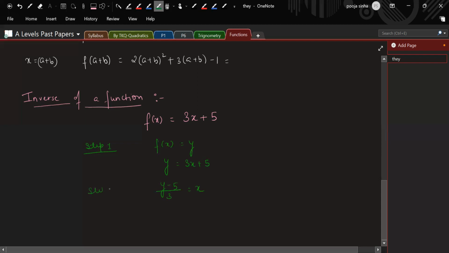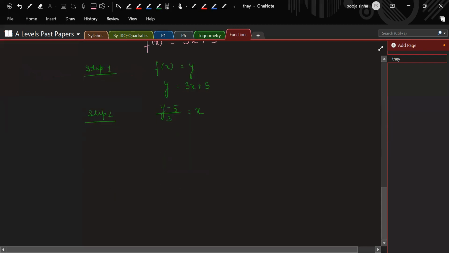Then we swap the values: x minus 5 upon 3, and y becomes f inverse of x. So swapping x and y is the next step, and in the final step, this y is nothing but f minus 1 of x, f inverse of x.